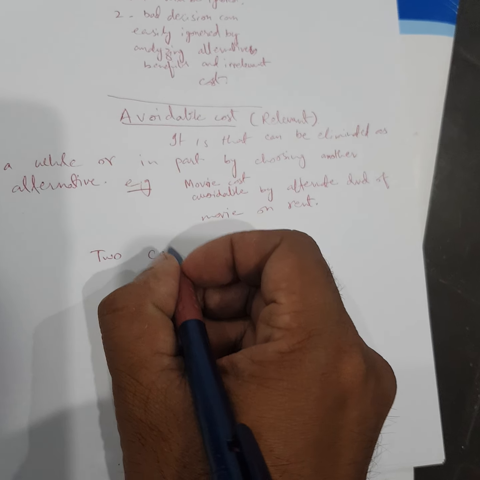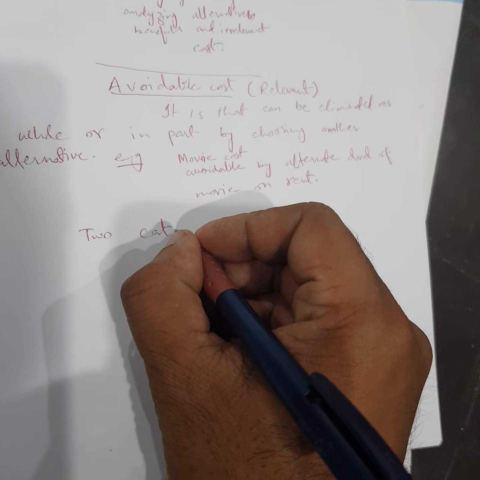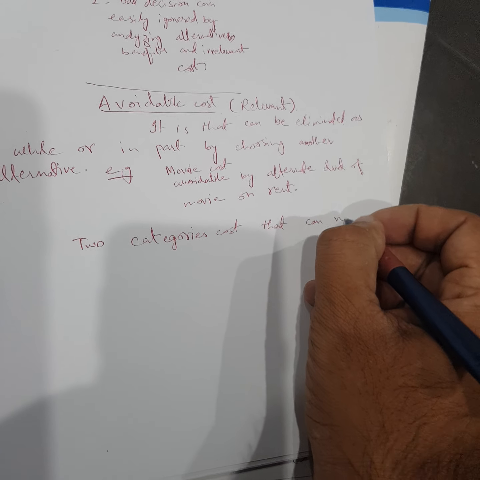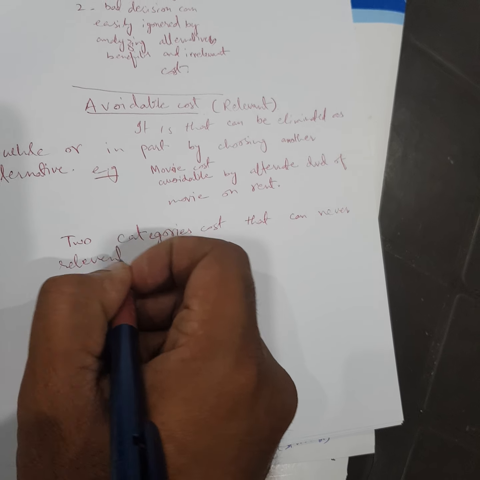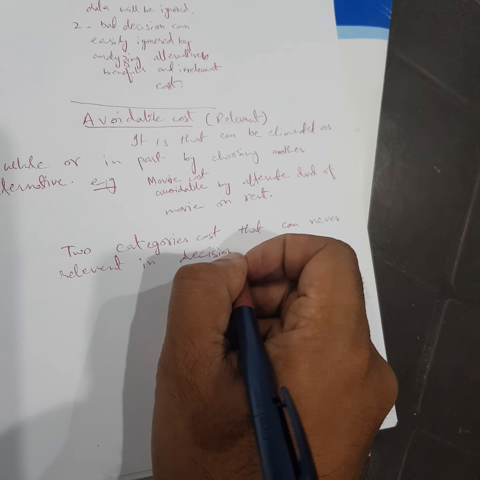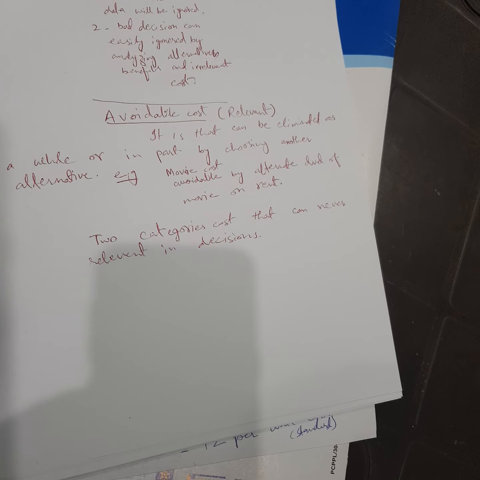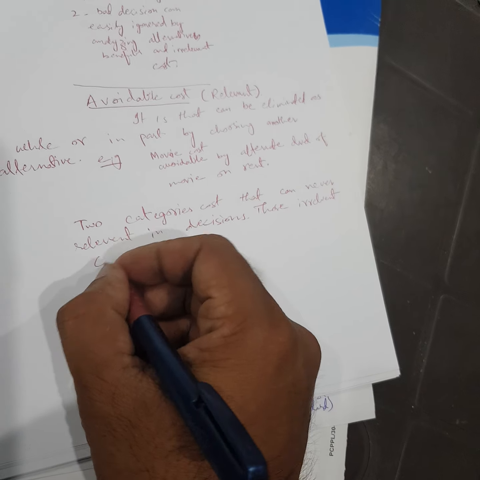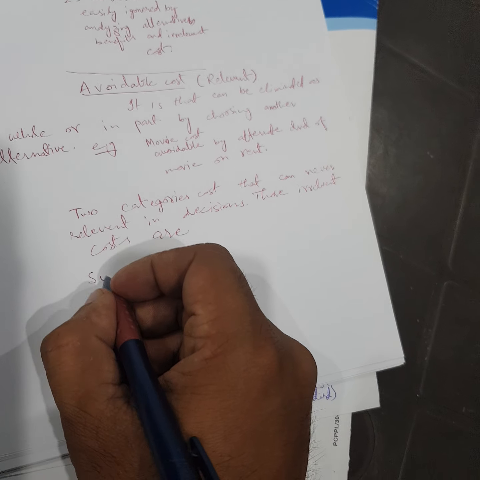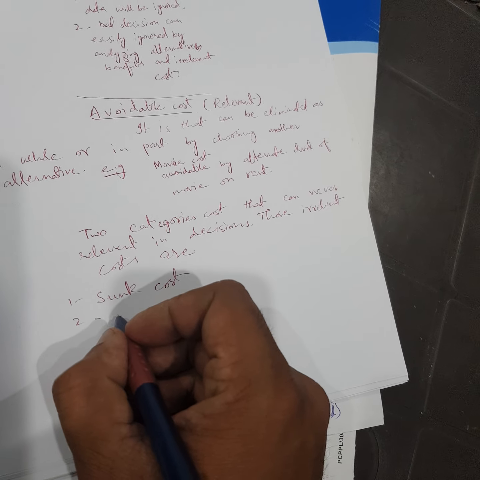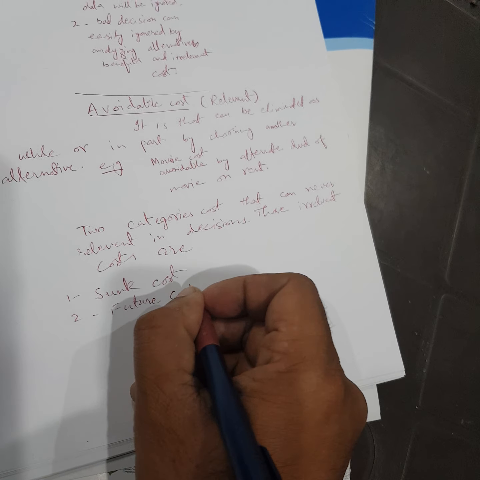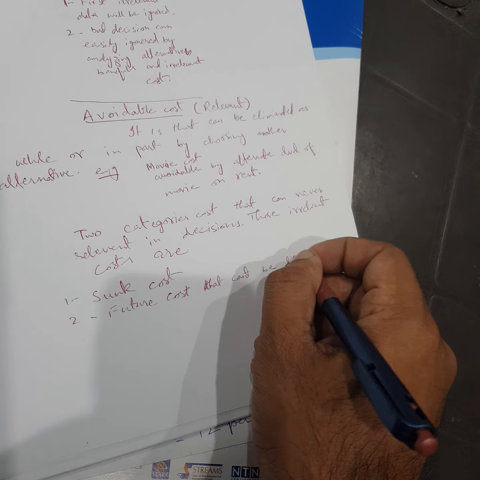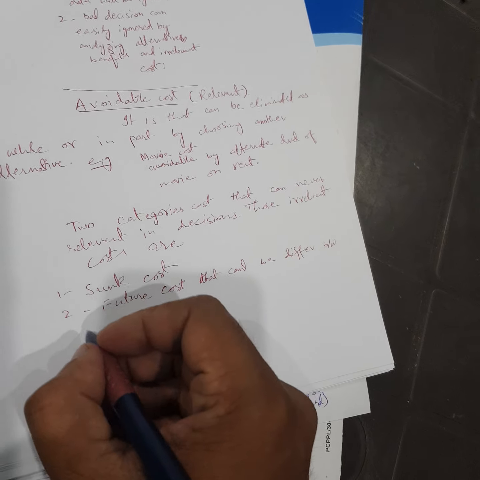There are two categories of costs that can never be relevant in decisions, those irrelevant costs are sunk cost and future cost that cannot differ between alternatives.